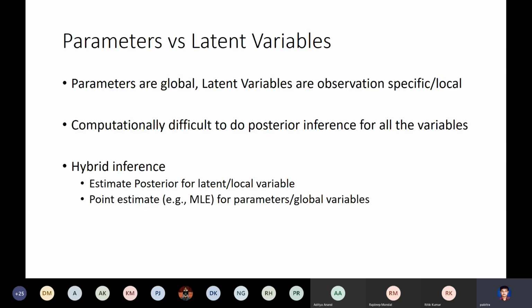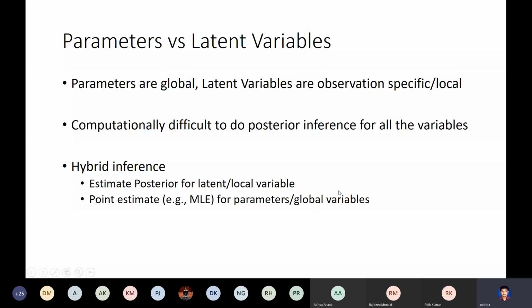The rule is that these parameters, say the mu and the sigma values, govern all the data points. So if we assume a Gaussian, any data point following that Gaussian will have this mean and this variance. So the parameters are parameters for all the data points, whereas the latent variables are specific to a single example.